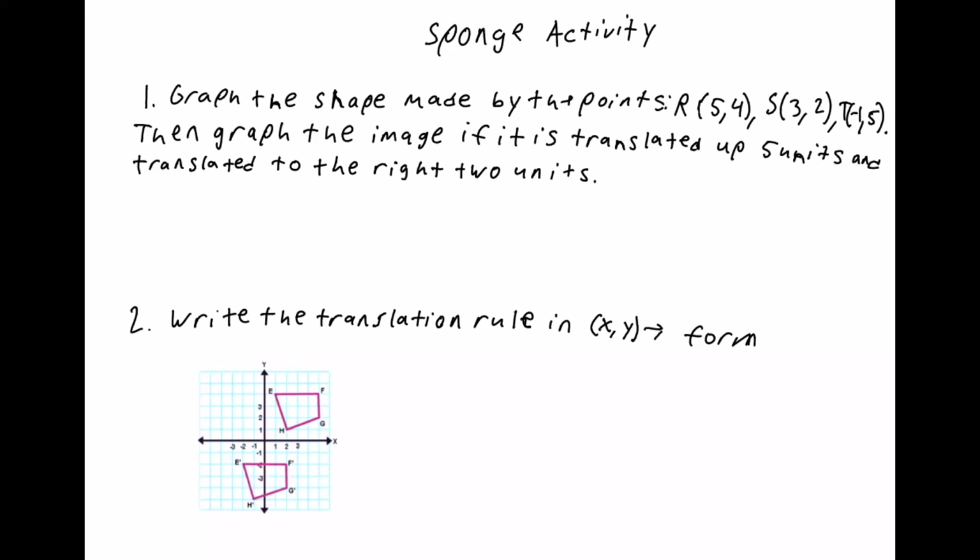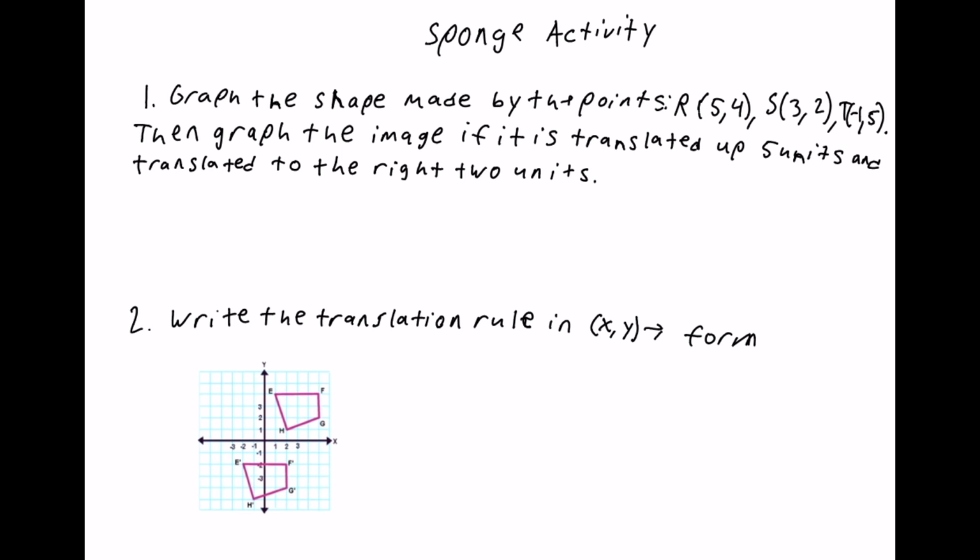Alright, now for the sponge activity. In number 1, I give you these points and I want you to graph the shape. Then I want you to graph its image if it was translated 5 units up and 2 units to the right.